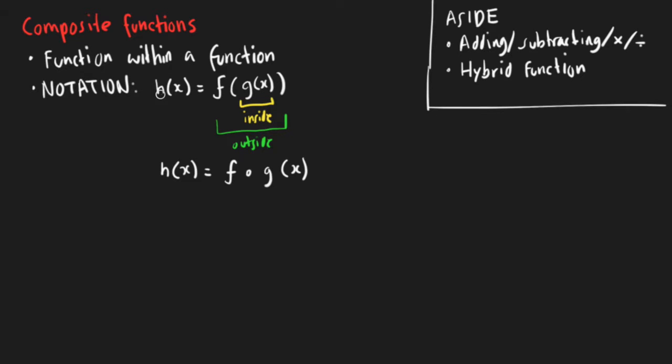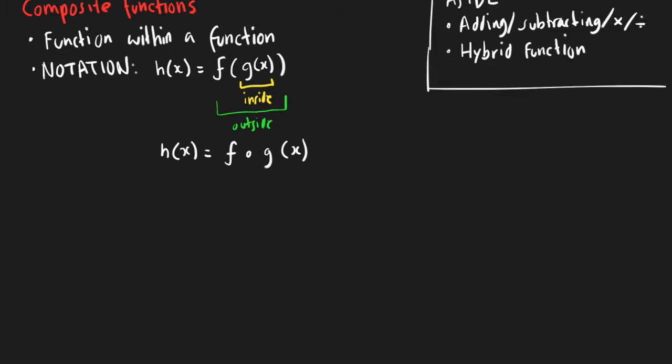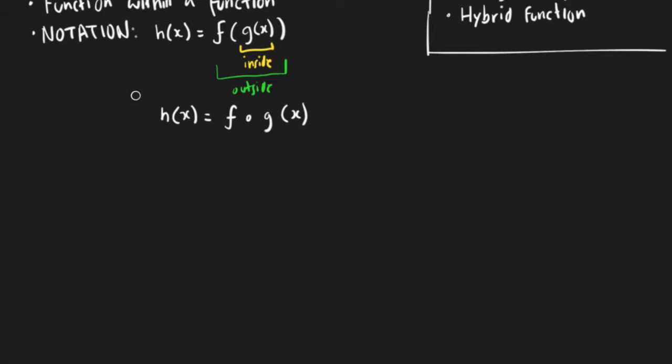One really important thing to know how to do is to find the domain of a composite function. It's not too complicated, but it's going to take more time than I have in this video, so I'll make another video about it. What I'm going to do here is give you an example of a composite function. For example, let's say f of x is x squared, and g of x is equal to sine of x.